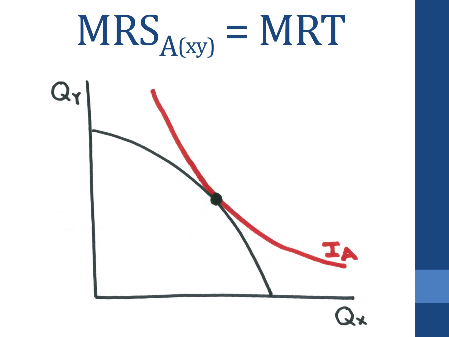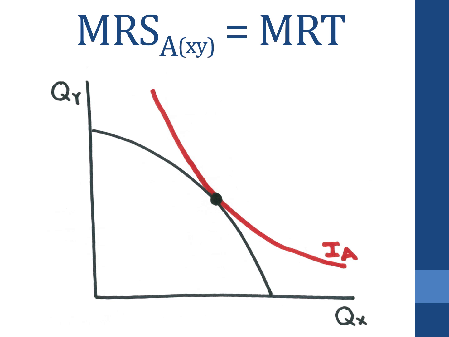So as long as one of them maps up, they both map up. So we're looking to see if the slope of our indifference curve, the marginal rate of substitution, is equal to the slope of our production possibilities frontier, the marginal rate of transformation. If we have a point of tangency, these two are equal, and we would have a point of output efficiency.